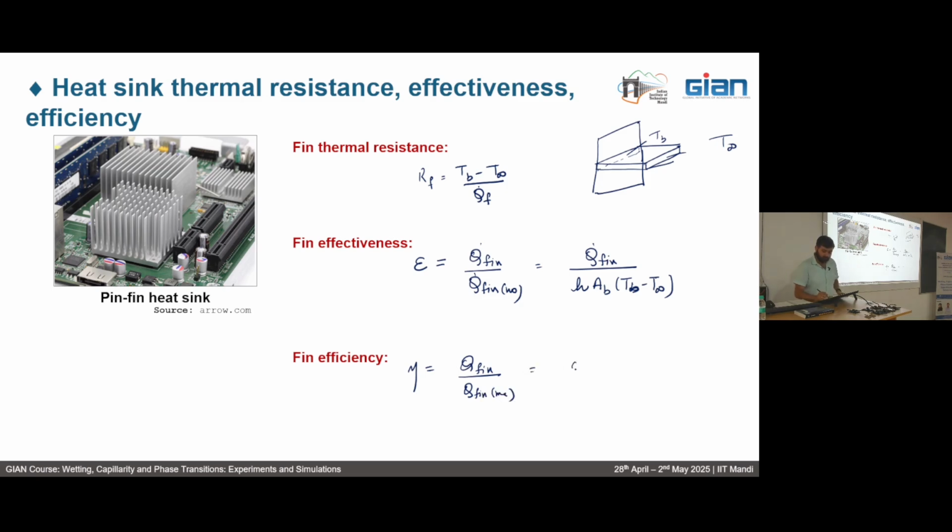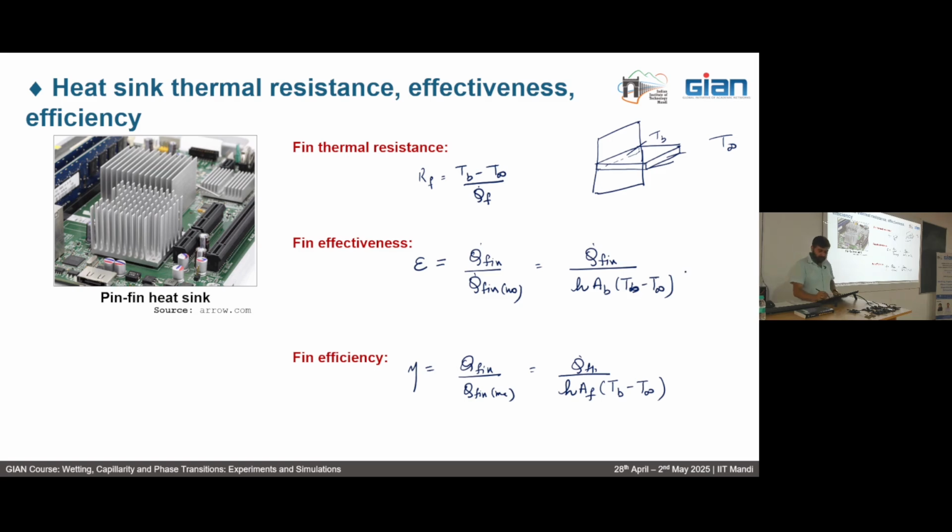So it is also defined as Q fin by H times the area of the complete fin times, we assume that the maximum heat transfer would occur when all of the fin is at the same high temperature, equal to the base temperature, which is Tb minus T infinity.